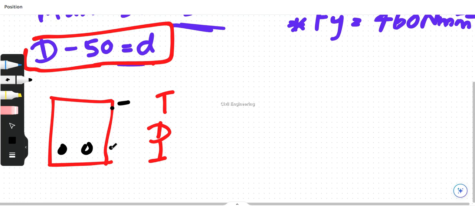This is the effective depth. The difference between the total depth and the effective depth is 50 millimeters.